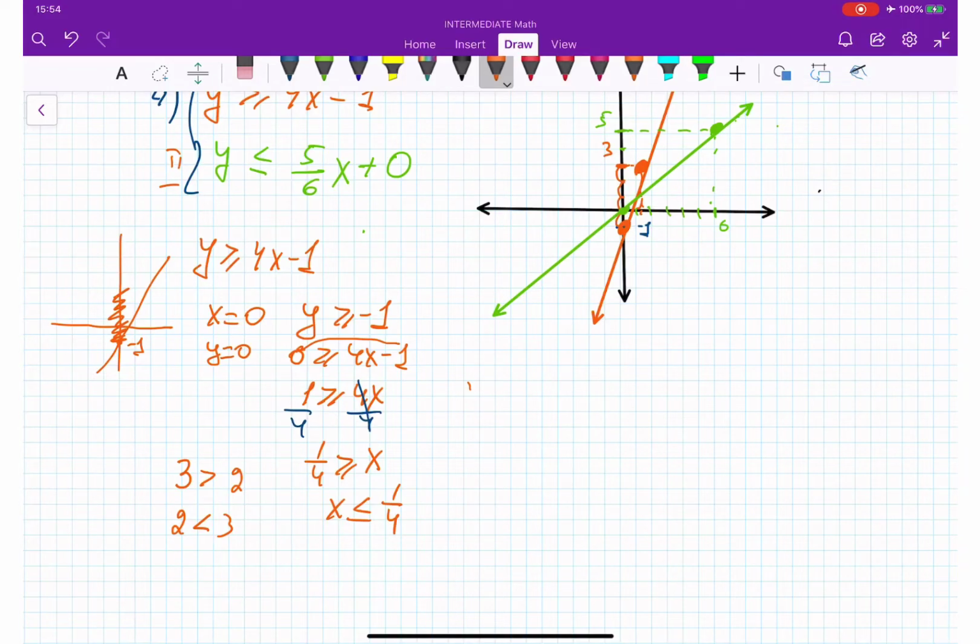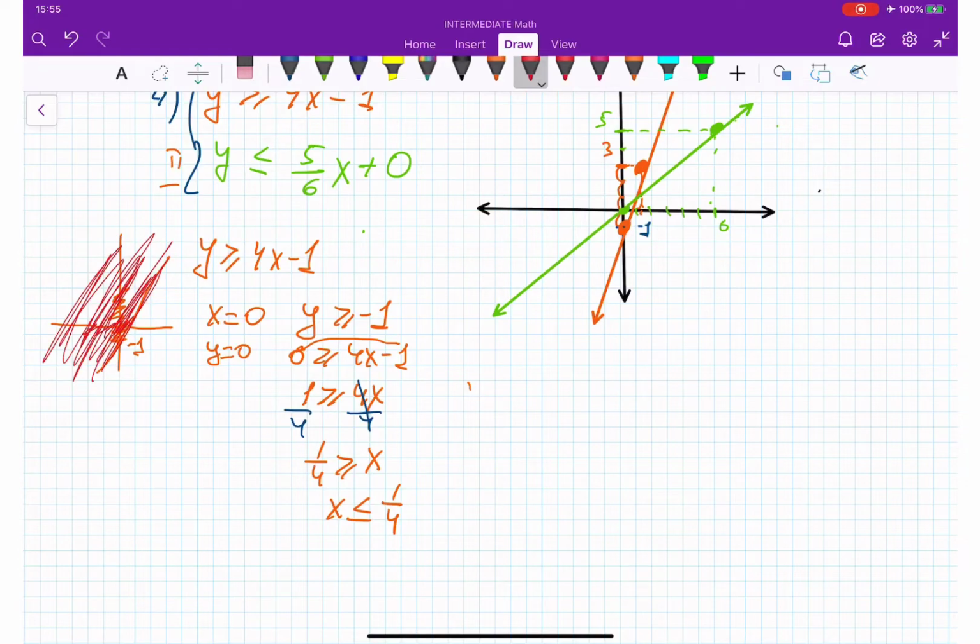Therefore, if 1/4 is greater or equal x, then x has to be less or equal 1/4. So x is less or equal, this is our 1/4. Okay, if this is our 1/4, so less or equal, it's going to be this way, which means for this graph, the shading area is going to be this way.